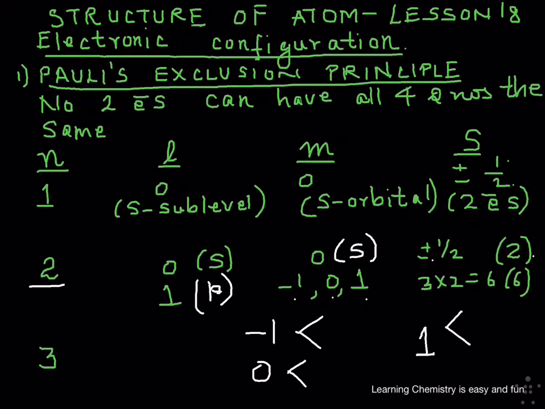These orbitals all have equal energy, and the term used for them is degenerate. And each orbital in turn can accommodate 2 electrons. So, 2 here, 2 here, 2 here gives me a total of 6 electrons.